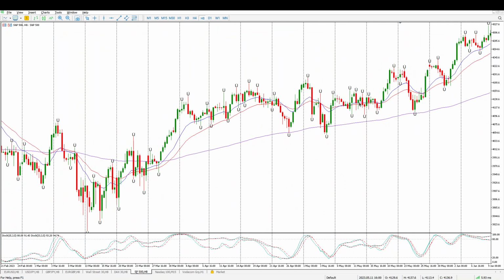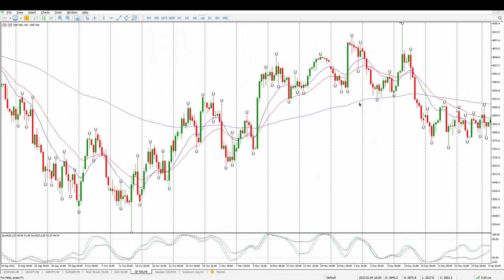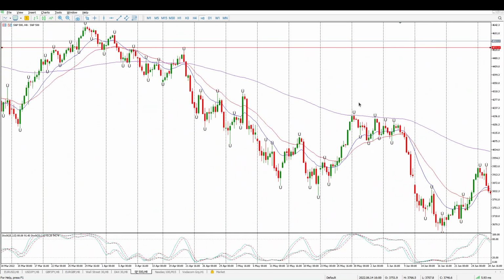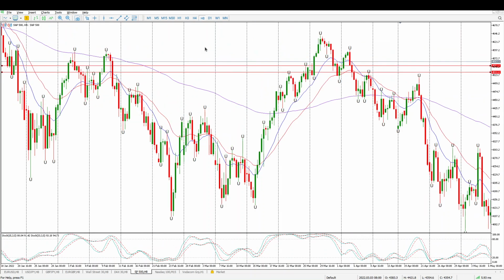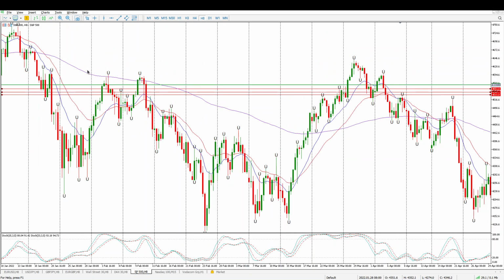The other thing that I would do is just scroll left and have a look what levels we have to the left. You can see there is another level right there, and then there will be one in between on that tail there.